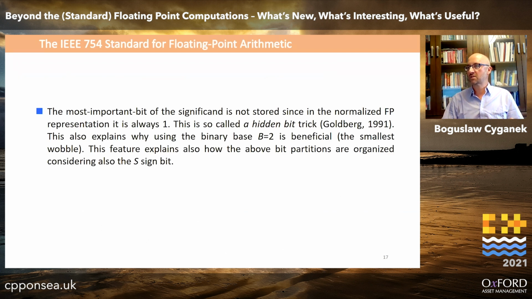And as I mentioned, this special D0 bit is the so-called hidden bit, and because it is in the normalized format, it is always 1. We don't need to store it, so this is called the hidden bit trick.